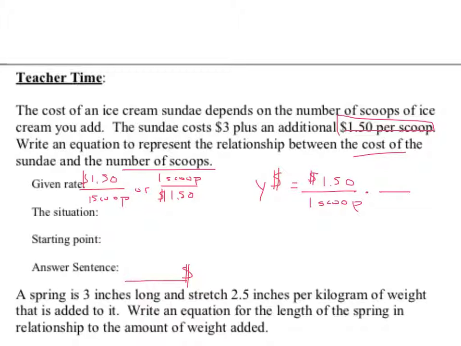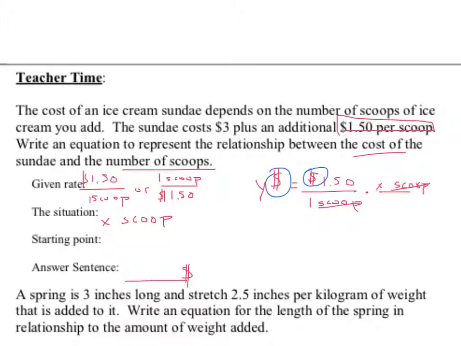What units do I need for this to cancel out right? Blanca. Scoops. I need to know how many scoops. Does it tell me how many scoops? No, and that makes sense because in this particular problem, they're just asking us to write an equation. X scoops. That makes our scoops and our scoops cancel out. That just leaves us with our dollars and our dollars.